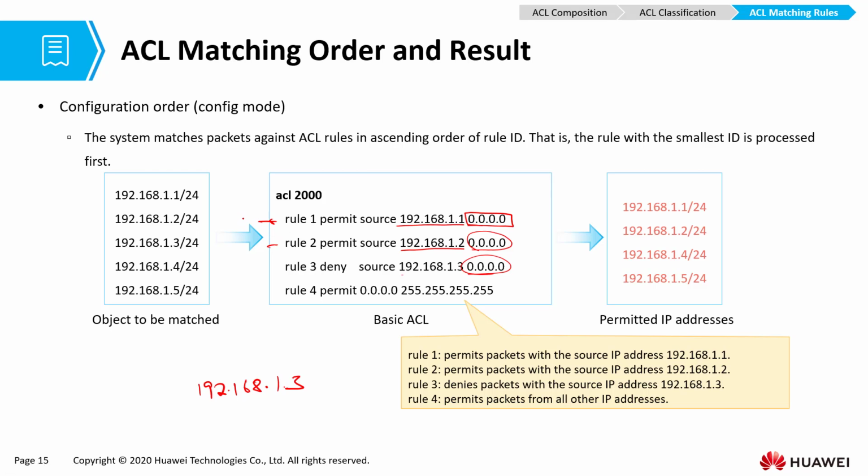The system will check ACL 2000 and match this traffic against rule number 1. And because this traffic is not in the range of the specified IP address, it's going to return a negative match.